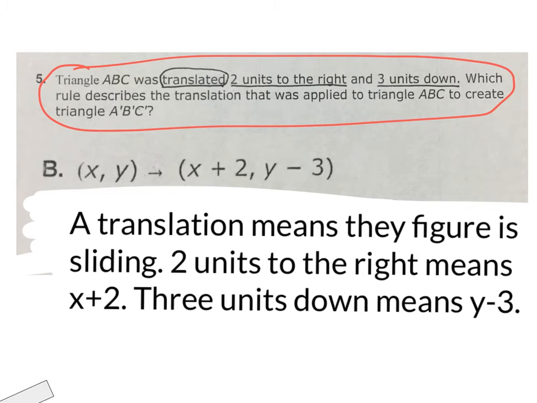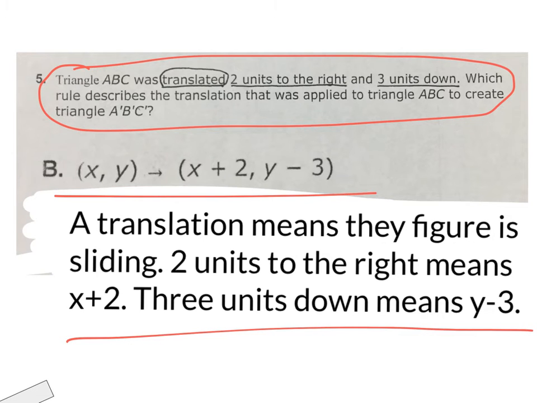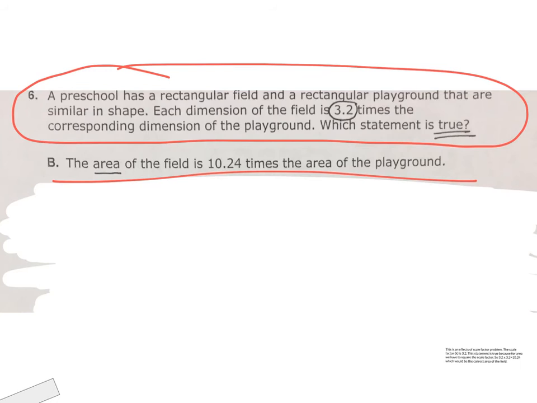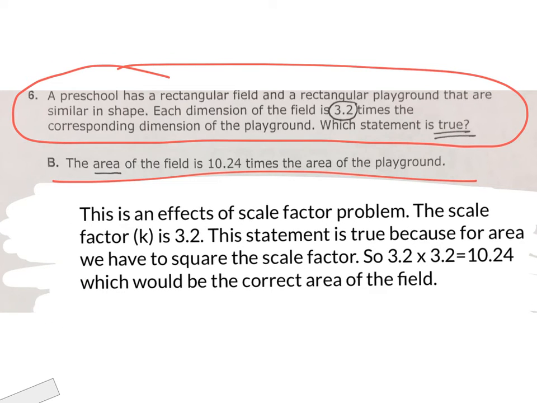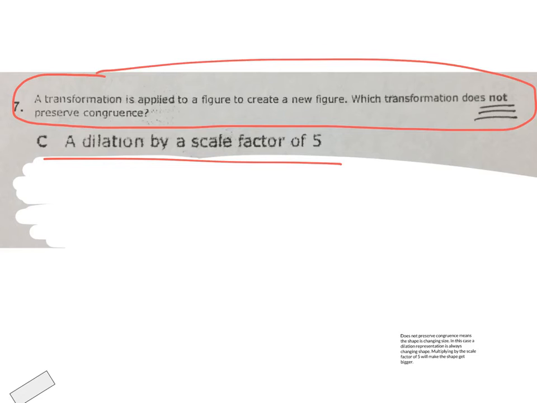Okay? Okay, number six is an effective scale factor. So write out the question, write out the answer, and then write out the explanation. Okay, number seven is another transformation which does not preserve congruence, okay?